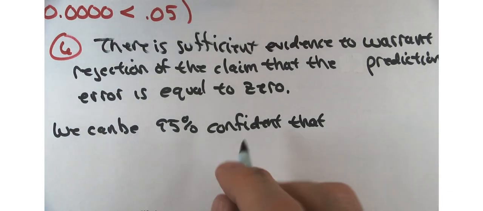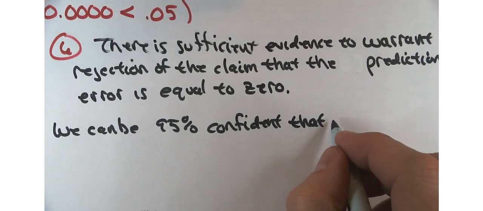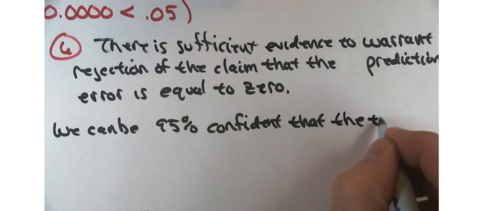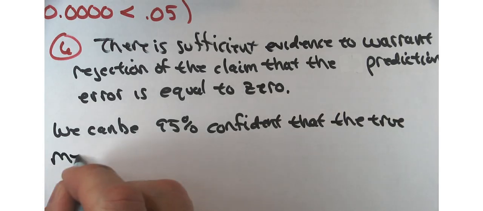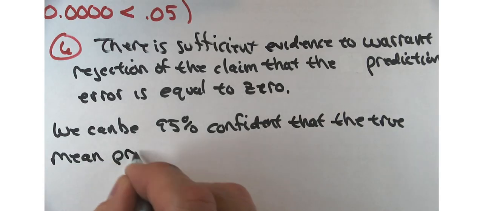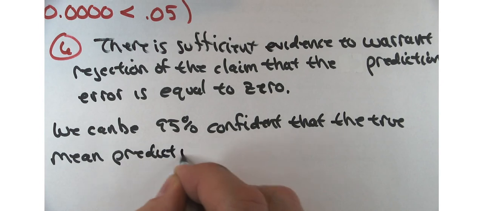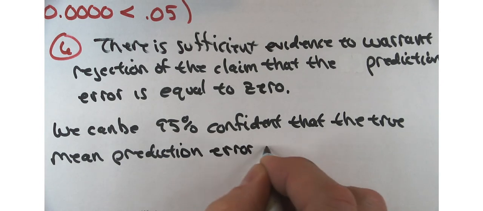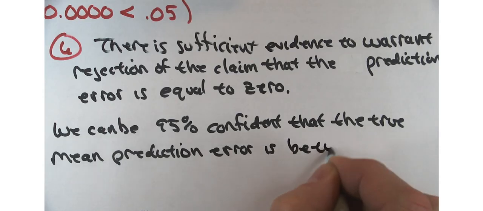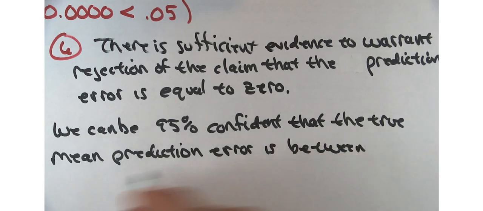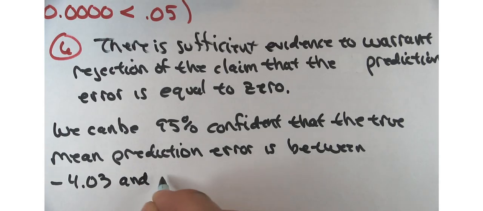So we can be 95% confident that the true mean prediction error is between negative 4.03 and negative 2.54 minutes.